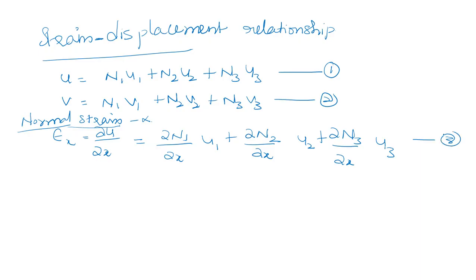Equation number 3. What we did, just along its x direction, the normal strain epsilon, or we can say this simple small e, also we can write it as sigma e, whatever.